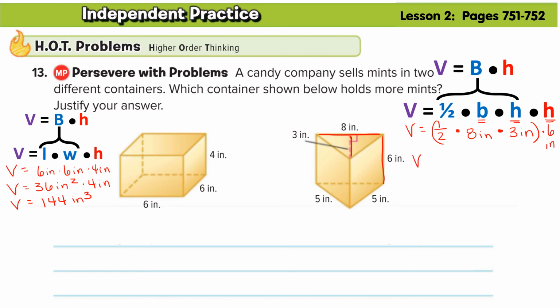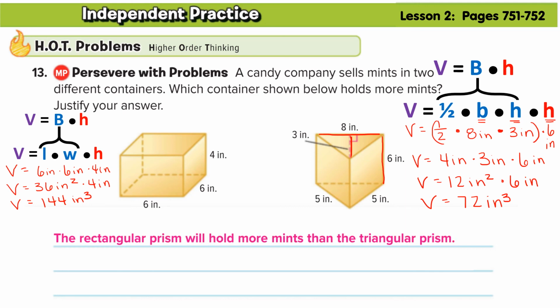So volume equals 4 inches times 3 inches times 6 inches. So volume equals 12 inches squared times 6 inches. So the volume equals 72 inches cubed.